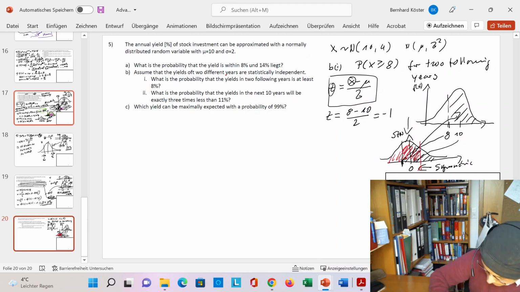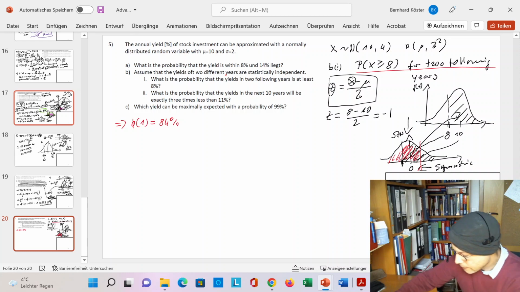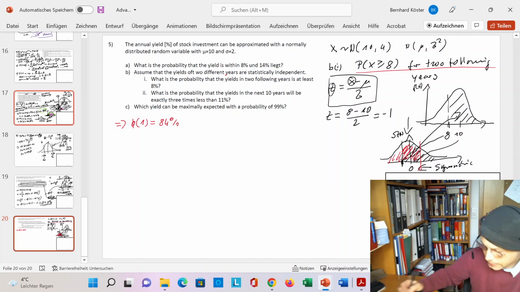So then we know that phi of 1 is 84%. And now we are interested in the yield being larger than 8% two times. Of course, we now know that this equals P of X is larger than 8.